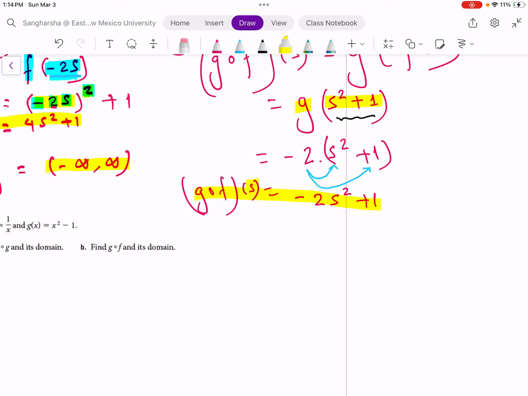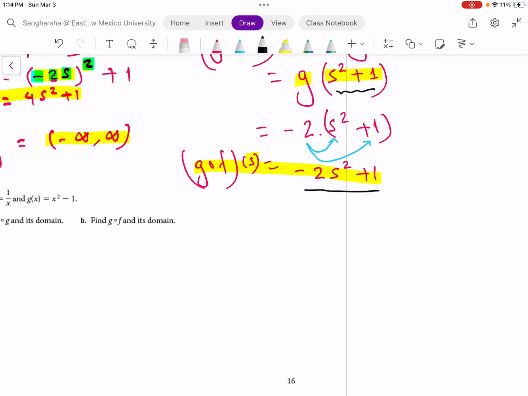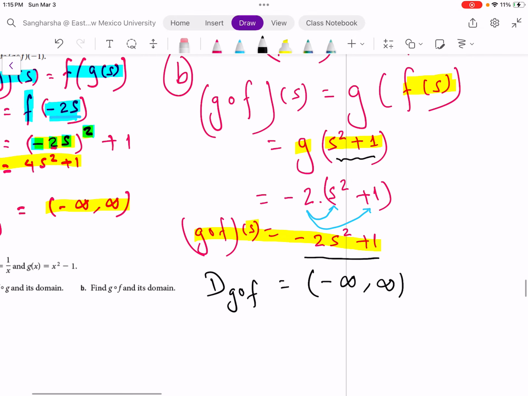This is a quadratic function, and with a quadratic function we can choose any number. It does not matter what number you choose. For s from negative infinity to positive infinity, we always get a real number. So the domain for g composite f is all real numbers, or we can write negative infinity to positive infinity. This is part B.